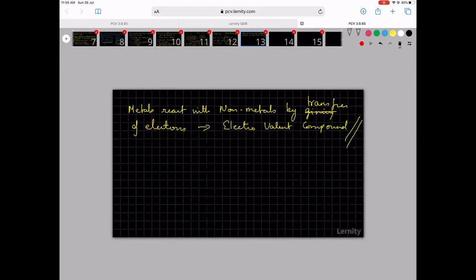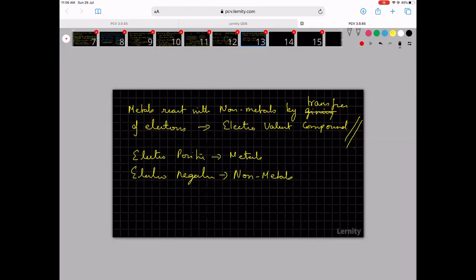Elements are of three kinds. You have electropositive, also called metals, electronegative, also called non-metals.